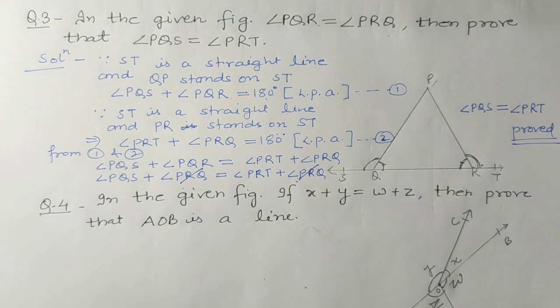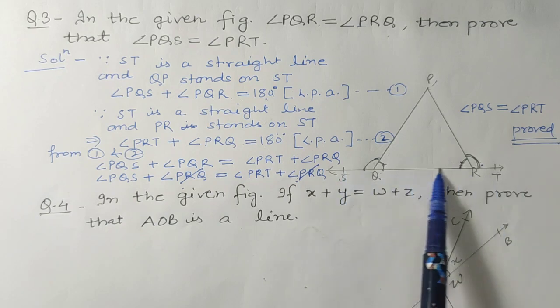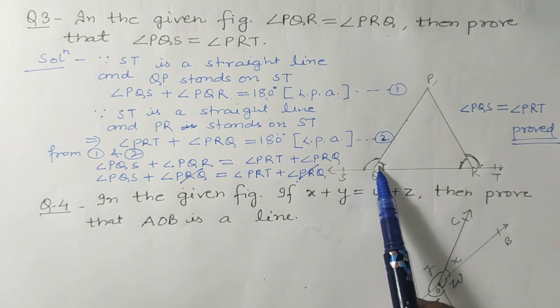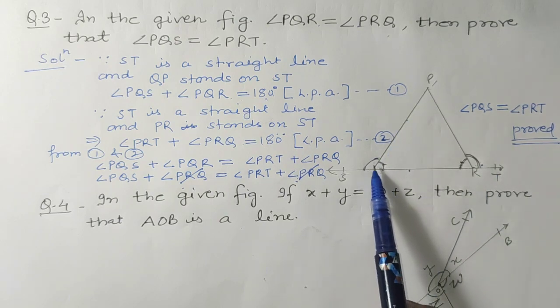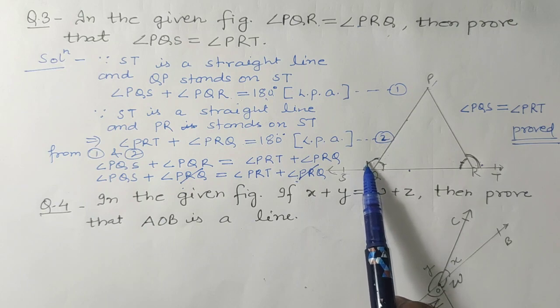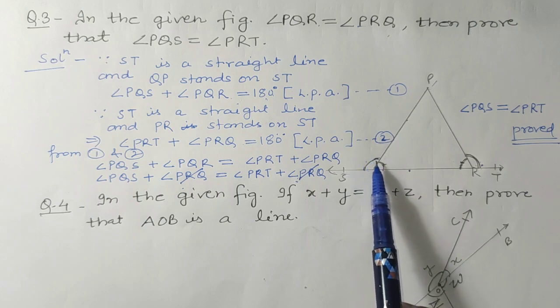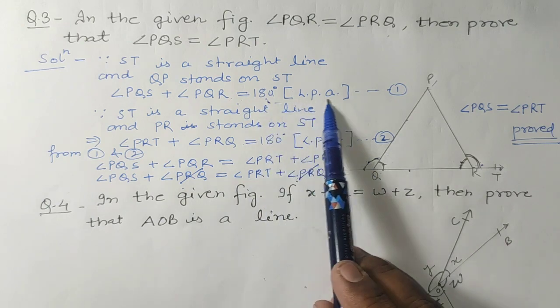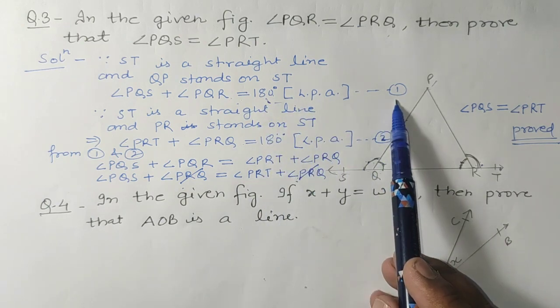Okay, students, so it is a very easy question. Let us see once again what we have done. Firstly, we have seen that ST was a straight line and PQ is a ray standing on this straight line. So we can conclude from the linear pair axiom that the sum of these two angles is 180 degrees, and that we have supposed equation number 1.